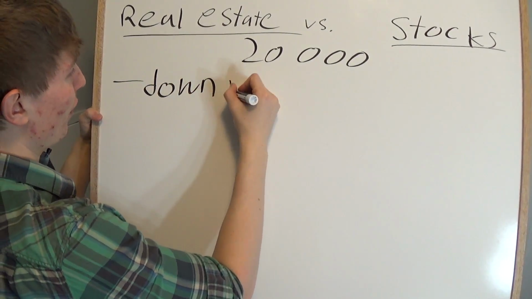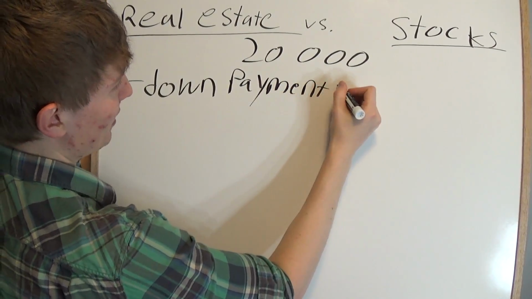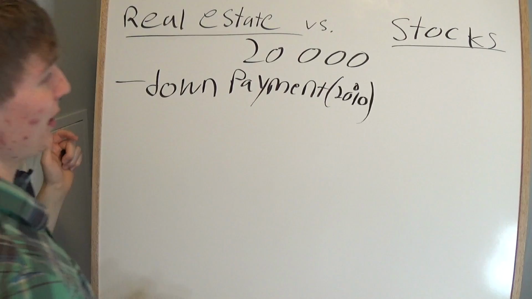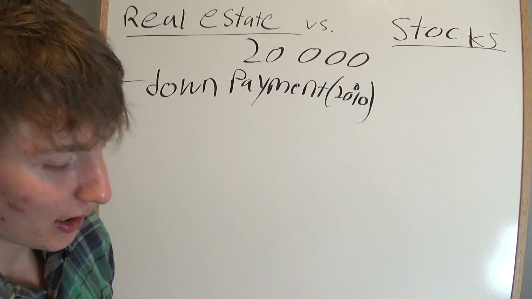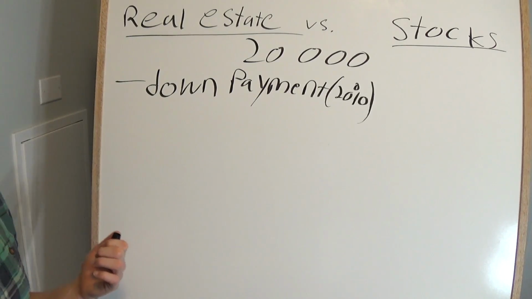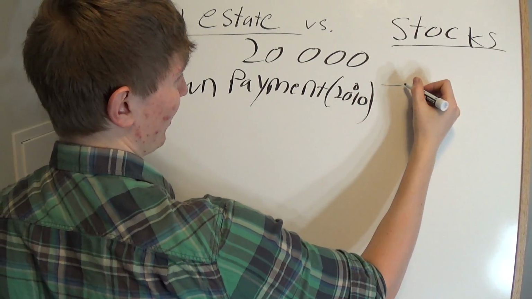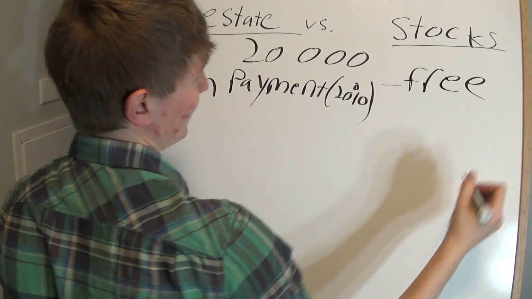To invest in a rental property, you need a down payment of 20%, or else you can't get a mortgage for your place. And in stocks, the $20,000 you can invest however you want. So I'll just write, free, to invest in whatever you want.